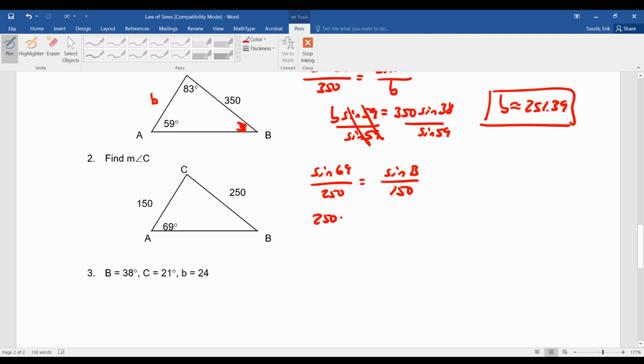So when I cross multiply, I get 250 sine of B equals 150 sine of 69. I want to get sine of B by itself, so I divide by 250. Now remember, this is the sine, so I need to take the inverse sine of this. So for angle B, I have to take the inverse sine of that.